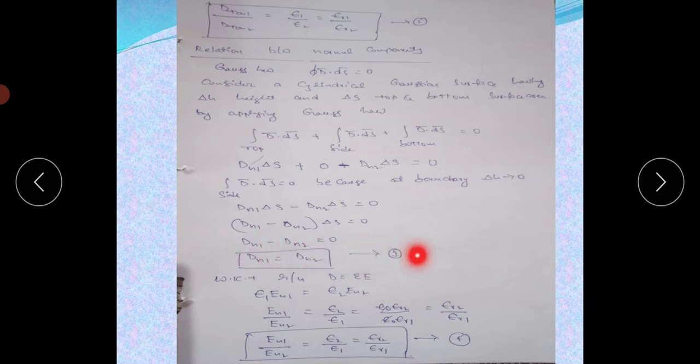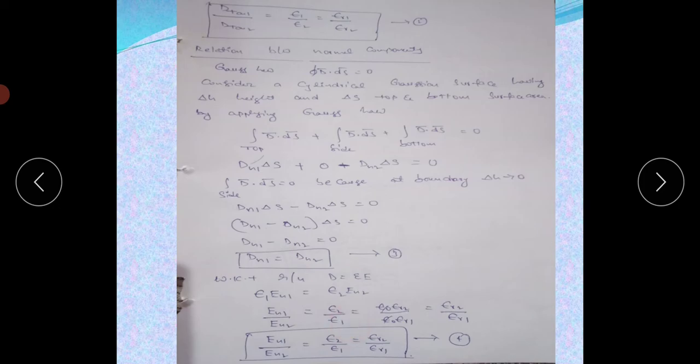Next, using this relation we can find the relation for the normal components of electric field intensity. We know D equals epsilon into E. So Dn1 equals epsilon 1 into En1, Dn2 equals epsilon 2 into En2, or En1 by En2 equals epsilon 2 by epsilon 1.